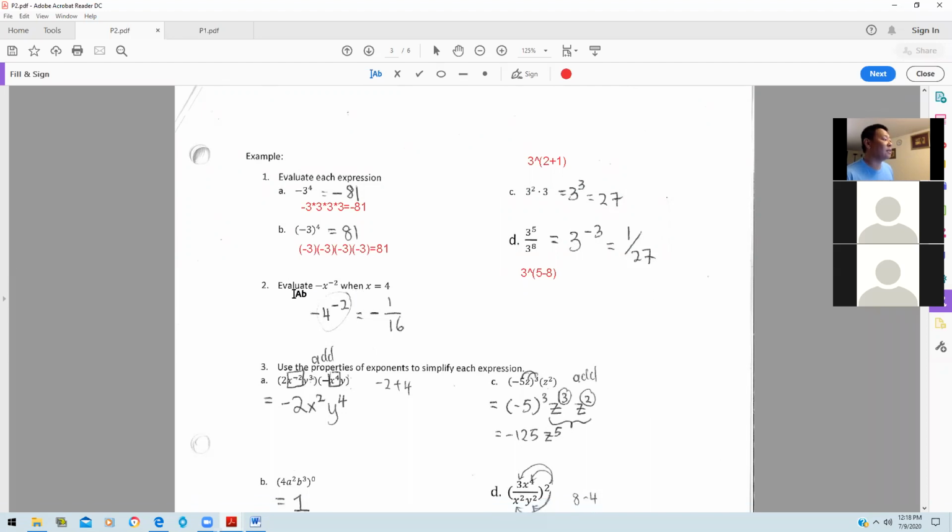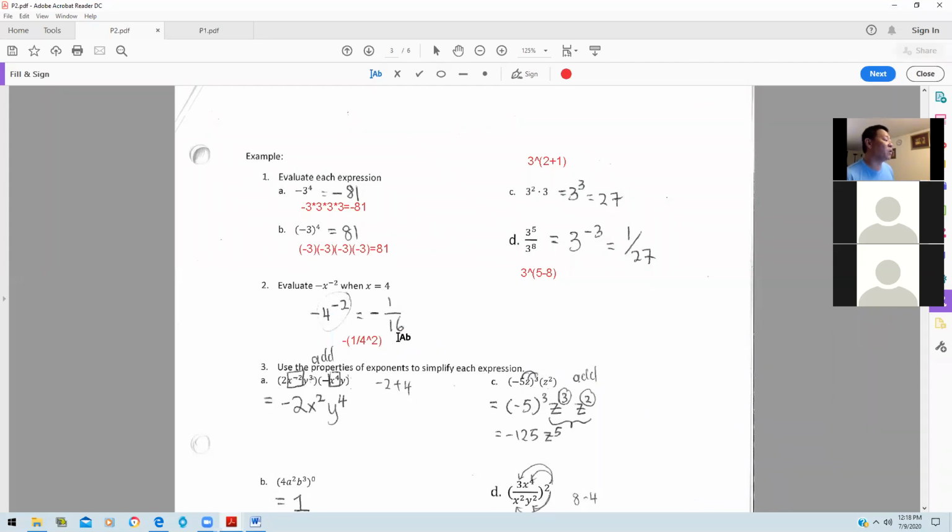Next is evaluate. When you evaluate x is 4, you can plug 4 inside here. Again, the negative that you see is just a negative you carry forward, but a negative exponent means you have to put 1 over it. So this is actually negative 1 over 4 squared, and 4 squared is 16.